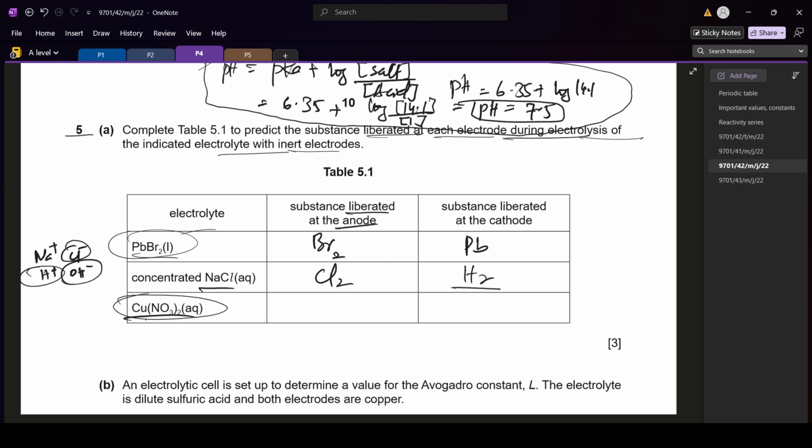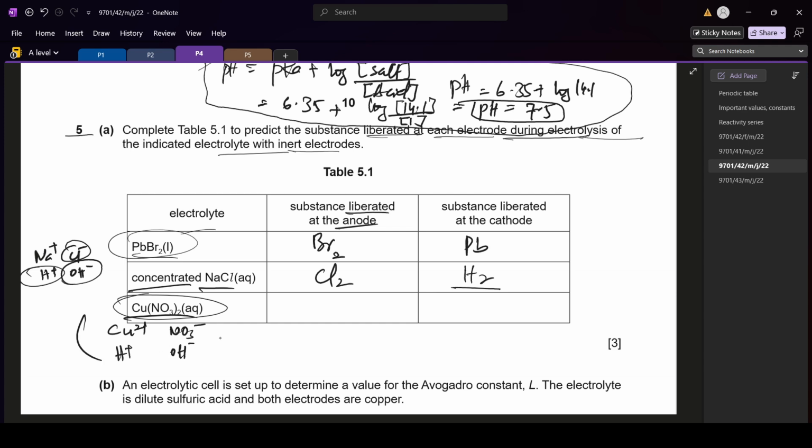When you are not given concentrated, it means the aqueous solution is dilute. So in dilute solution you have copper 2 plus ions, nitrate ions, and ions of water.